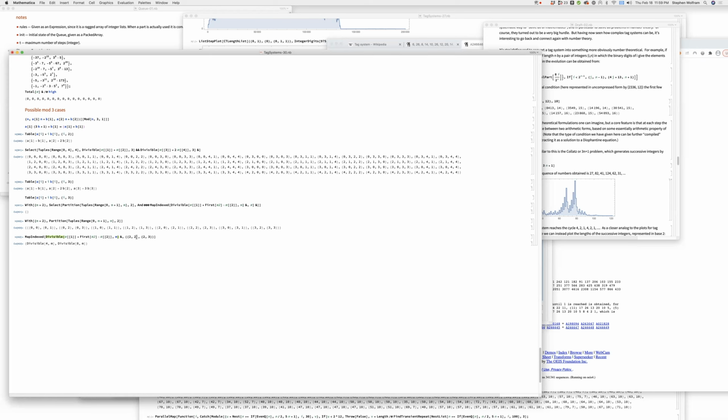Okay, map indexed over these. What happens if I say level 2? Oh, for goodness sake.